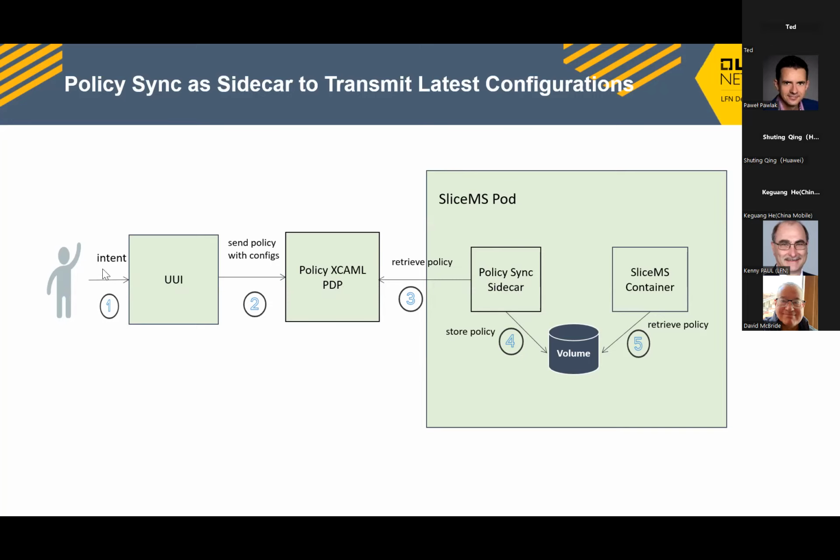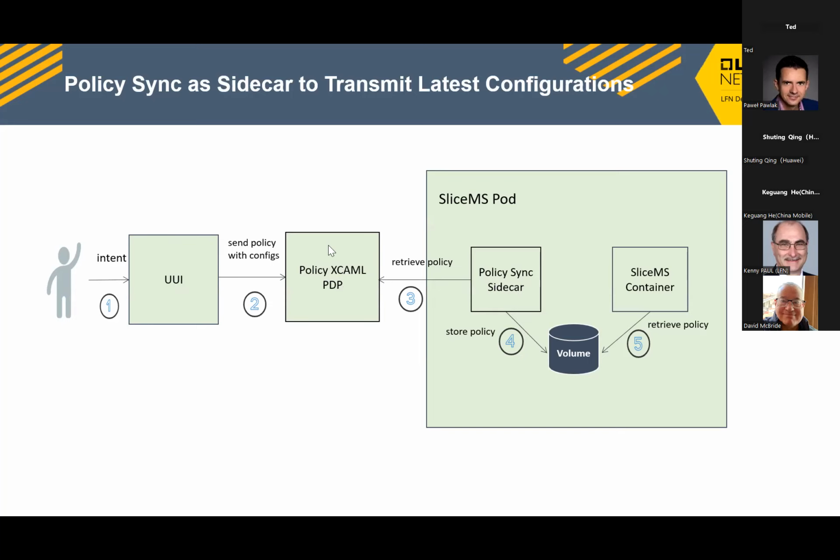Basically, the UI will analyze the intent, and if it's a bandwidth assurance intent, it will send the intent in the policy format, in the policy template, and send the template to the PDP engine and push it and make it run.